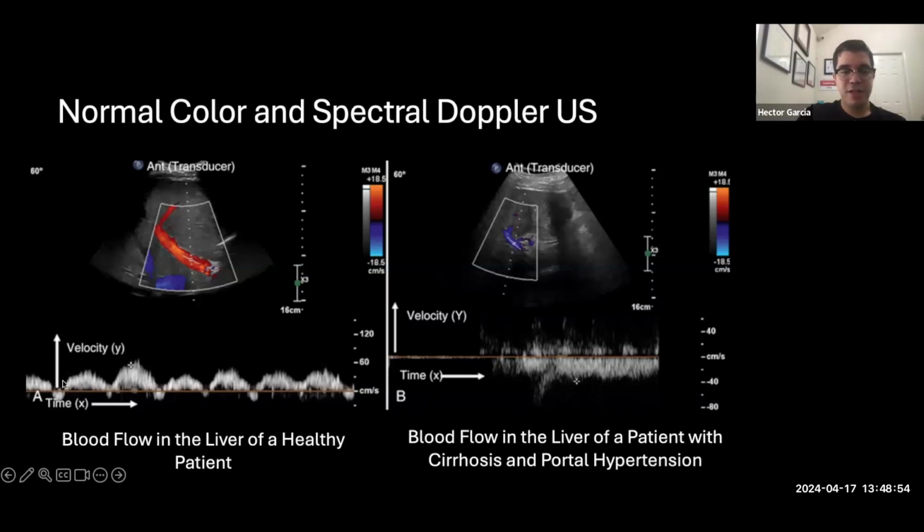And the velocity is above the baseline, meaning that the blood is always flowing toward the liver in a normal patient. Now, on the right, we see an image of a cirrhotic patient with portal hypertension. And we see that there is blue here, meaning that the blood is kind of backing up away from the liver. And the blood flow, we see it below the baseline.